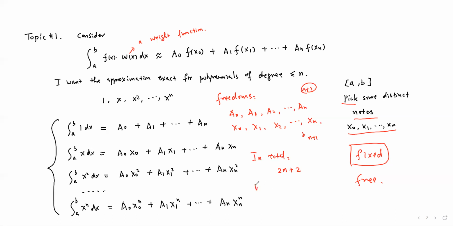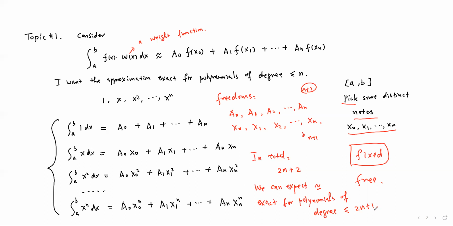Now, with 2n plus 2 freedoms, we can expect the approximation in this formula to be exact for polynomials of degree not greater than 2n plus 1.